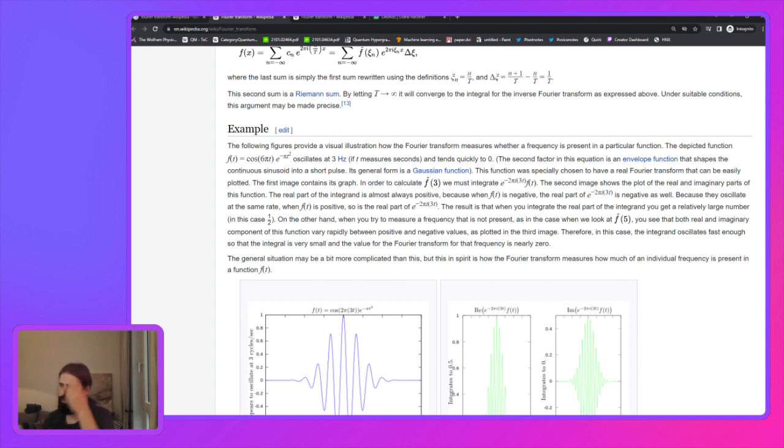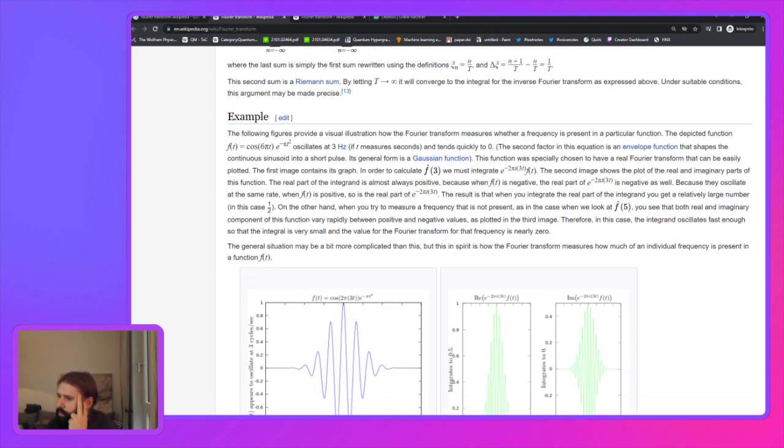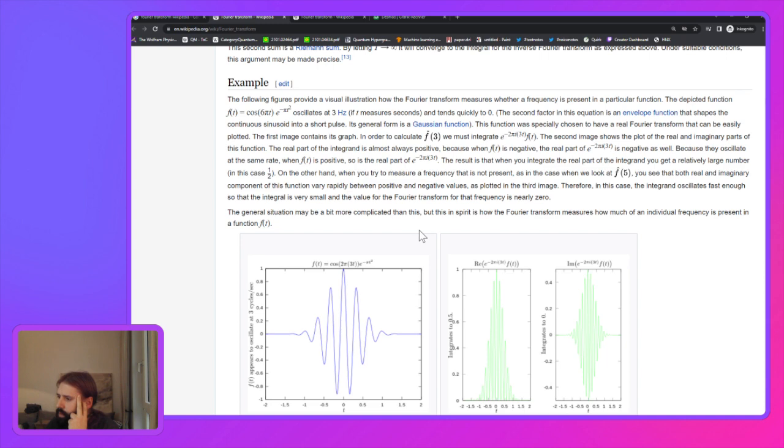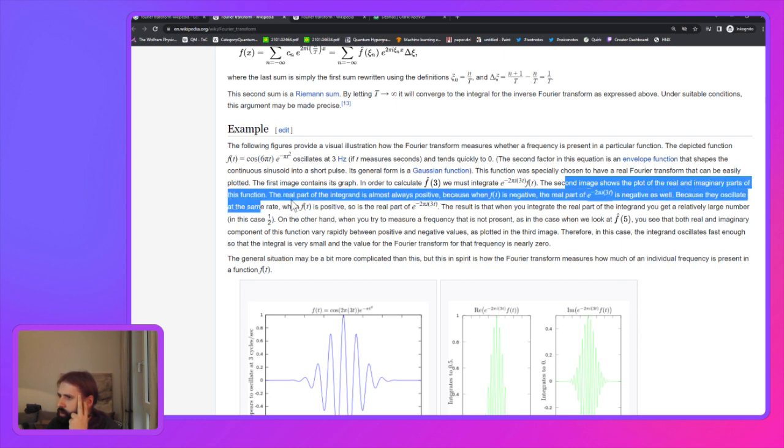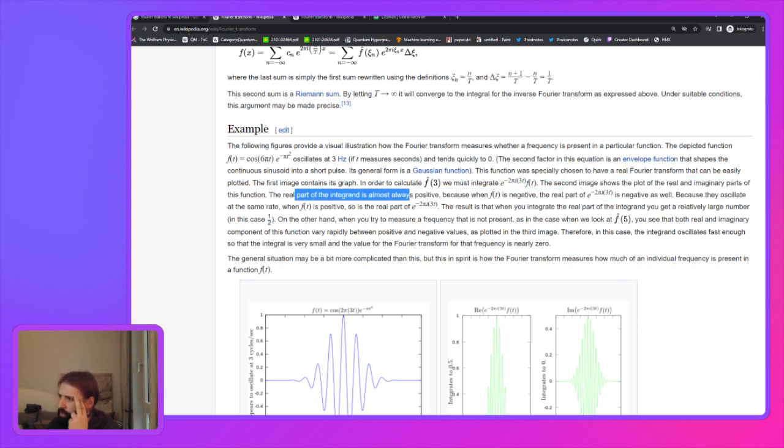In order to calculate the Fourier transform at 3 Hz, how do we know that? The second image shows the plot of the real and imaginary parts of this function. The real part of the integrand is almost always positive, because when the sinusoid is negative, the real part is negative as well.